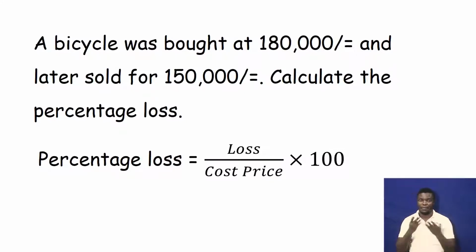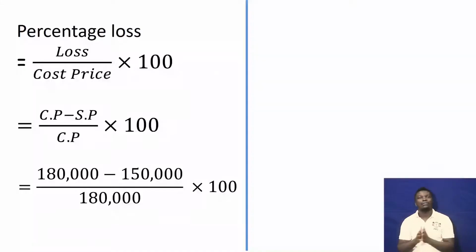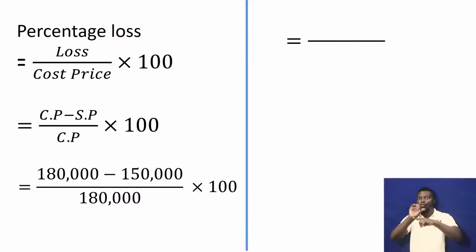Since it is a loss, remember in our previous lesson, we learned that when you get selling price minus cost price and you get a negative number, then it is a loss. In order to avoid having negatives in our calculations, we can change this formula such that we do loss equal to cost price minus selling price.